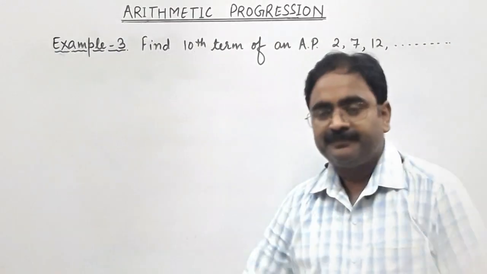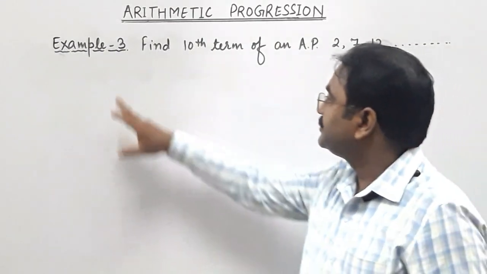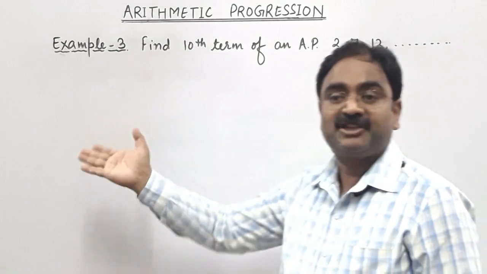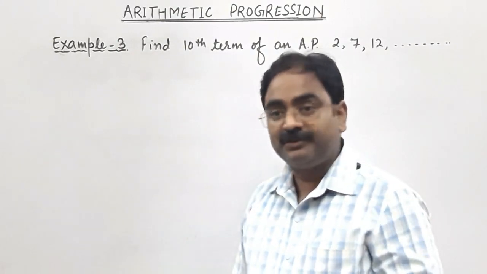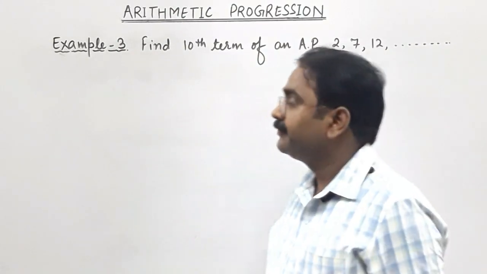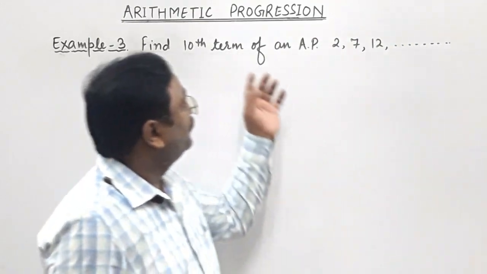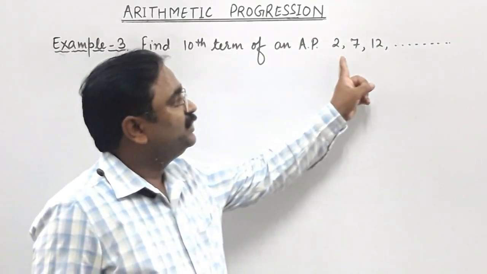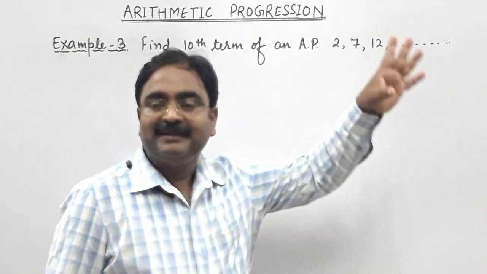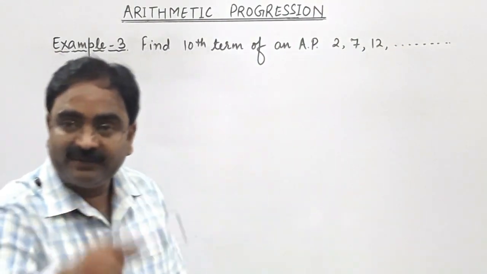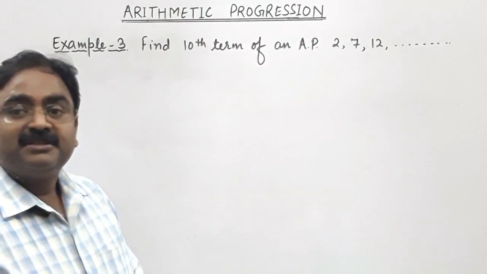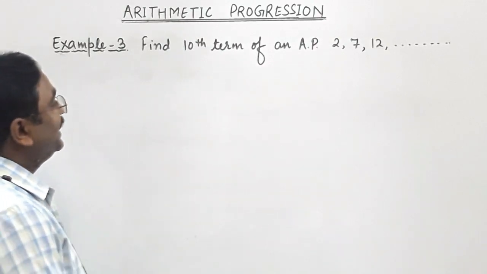Okay friends, now let us see example number 3. After the explanation of the nth term or general term of any arithmetic progression, the question is asking: find the 10th term of the given arithmetic progression 2, 7, 12, etc. We are going to find a_10.